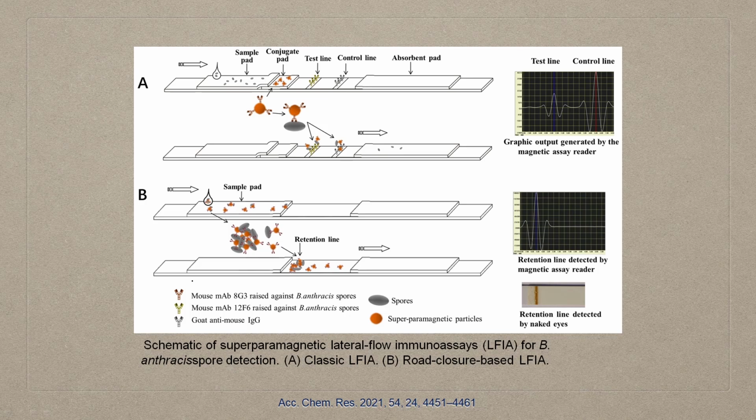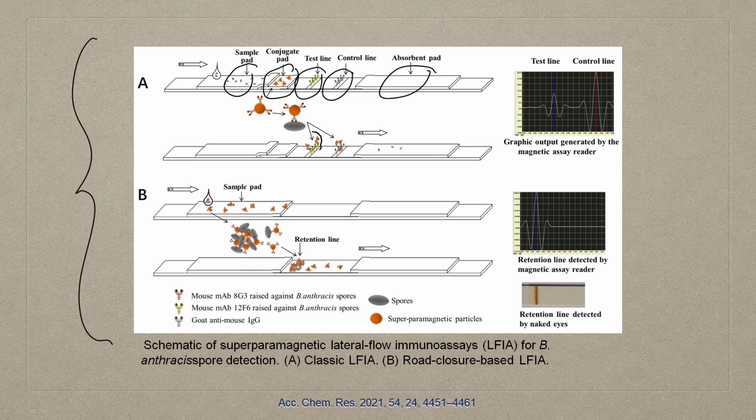Now, if you look at the schematic out here, something like this, here you have the sample pad, you have the conjugate pad, you have the test line, and here you have the control line, and you have the adsorbent pad on the other side. Okay. So, this is where the binding is happening. Look at it: schematic of a superparamagnetic lateral flow immunoassay.